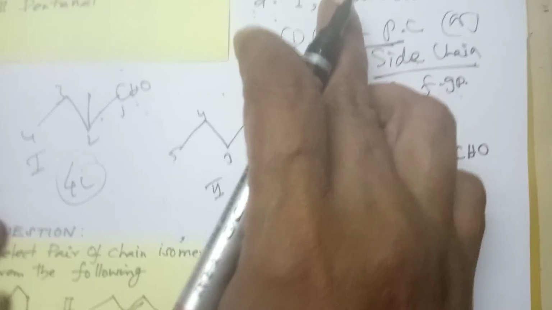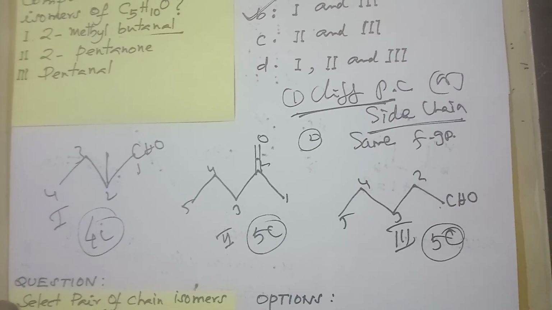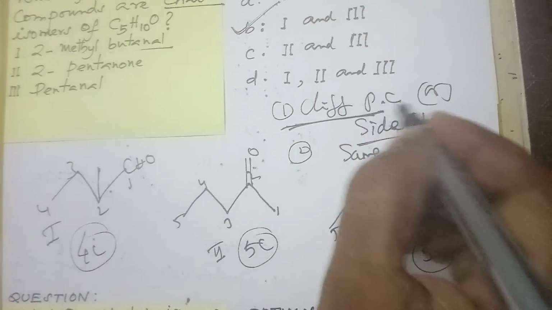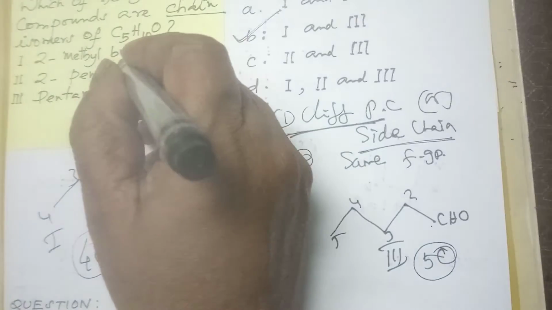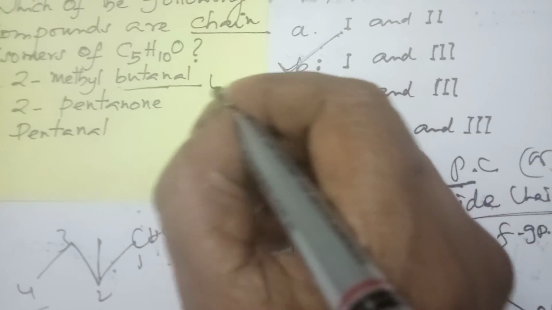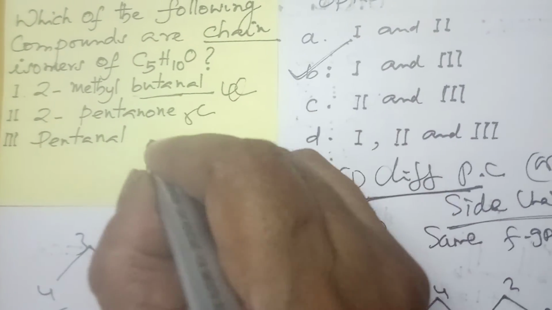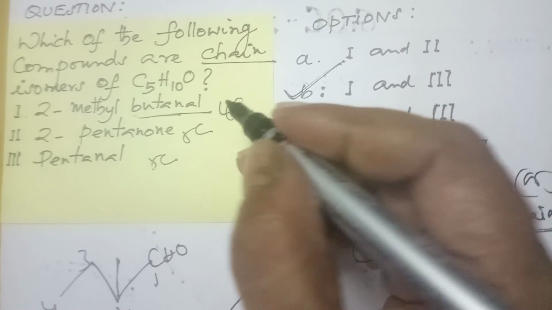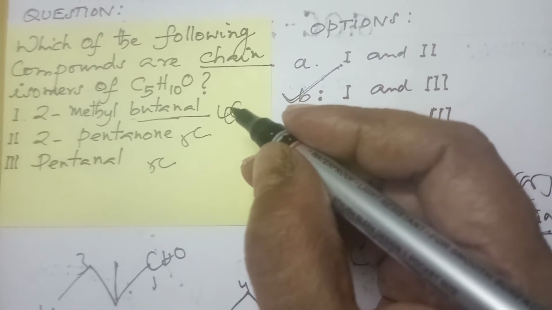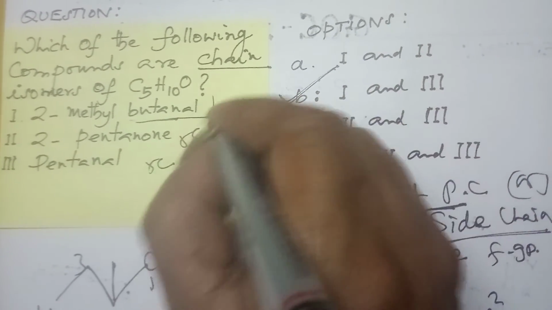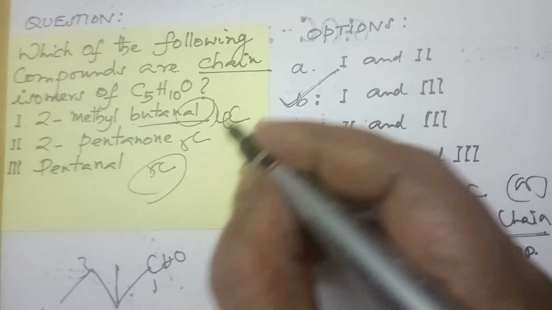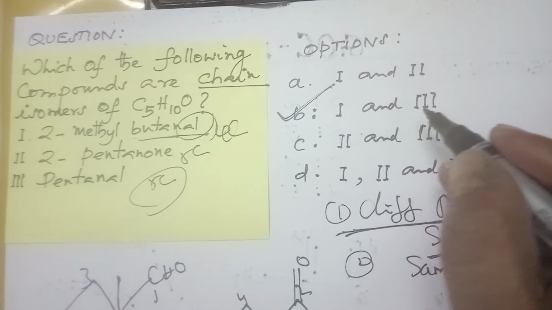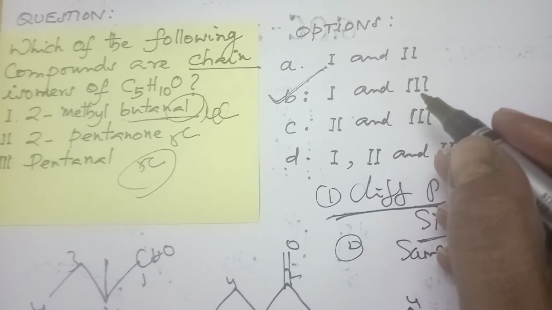Okay, before going to that, either you put the diagram for each one, or you can do it as a shortcut. Different in parent chain: this is butanal 4 carbon, pentanone 5 carbon. So any two, this and this, only if different can be isomers. Next point is that they should have the same functional group. Aldehyde is there, aldehyde is there. So 1 and 3 are the isomers. Now you can see, like that also you can approach the answer.